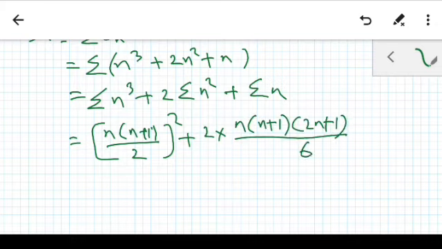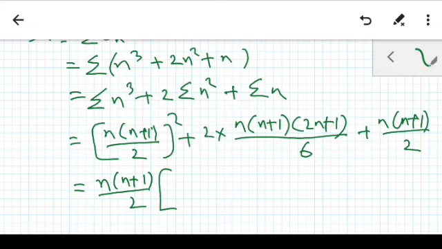Okay, so what we did is take n into n plus 1 by 2 common from everything, right? If I take common, n into n plus 1 by 2 will still remain. Now plus here 2 n into n plus 1 by 2 is taken common. This is 2n plus 1 divided by 3 and this is 1. Now let us proceed further. That is equal to n into n plus 1 divided by 2.